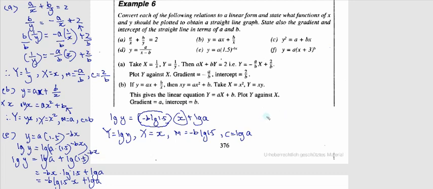Okay, now let's look at F. Let's look at F, which is y equal to a times x plus 3 to the power of b. Now let's log both sides.